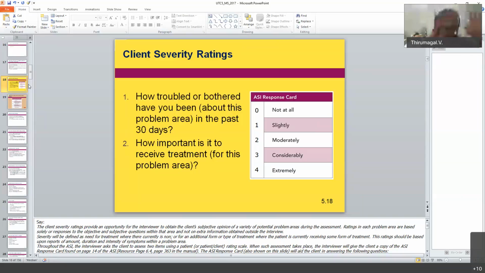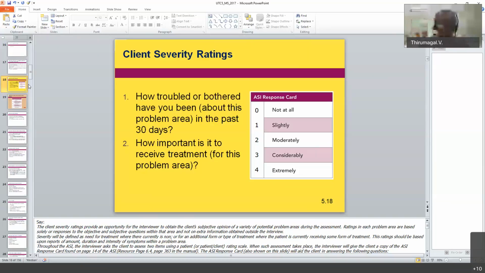We have 7 sections. We have actually one general introduction, and then we have 6 sections. In alcohol and drugs, the same question about alcohol will also be asked about drugs. So basically, we have 7 areas. In the 7 areas, we'll ask all the questions. We will record, we will write comments.